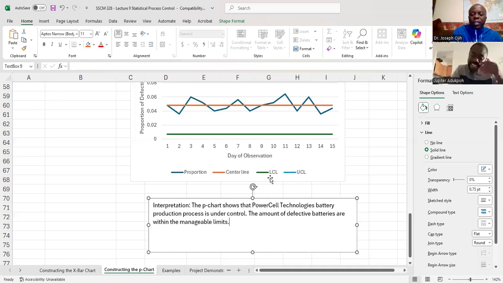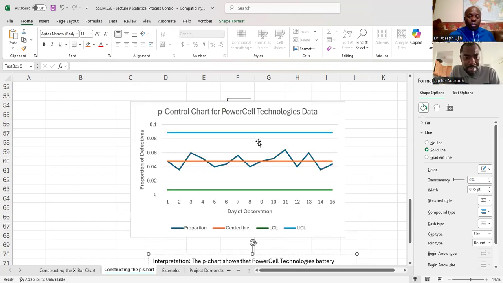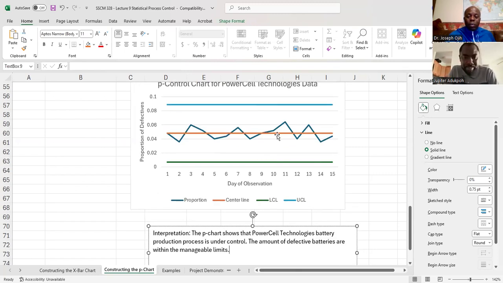So this means that companies give you a warranty when you buy certain things. Because they are giving a warranty, that means they believe their product has quality, because the fluctuations fall within the manageable limit.